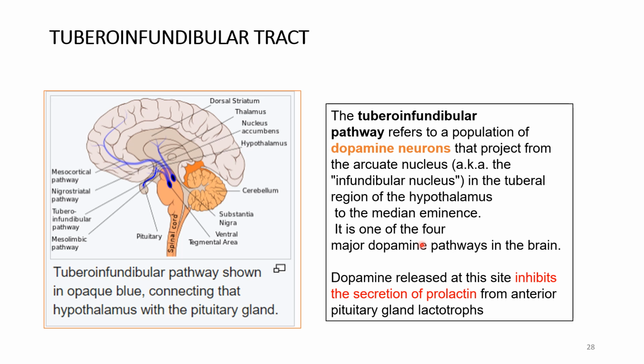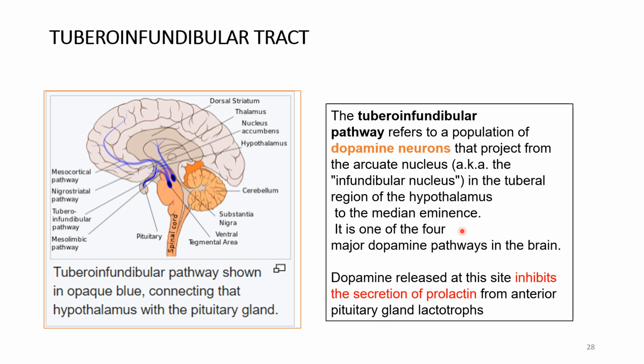So, this starts from the arcuate nucleus, also called the infundibular nucleus, which is present in the tuberal region of the hypothalamus. I hope you remember the tuberal. We have classified the hypothalamus from anterior to posterior into preoptic, supraoptic, tuberal and mammillary regions.